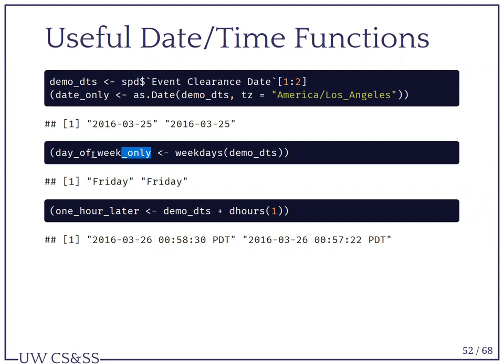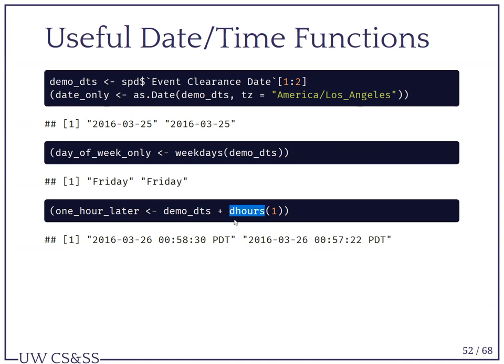Other things you can do is assign to a days-of-the-week object the weekdays function, and then our two dates that we've made up here. And it will just tell you, hey, it's Friday. I feel like that's really neat. You can also do things like say one hour later, assigned to that our dates plus dhours.